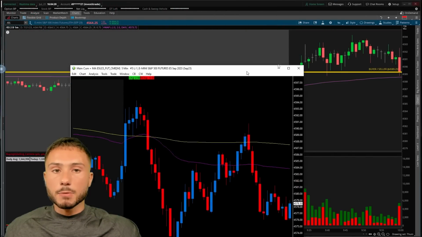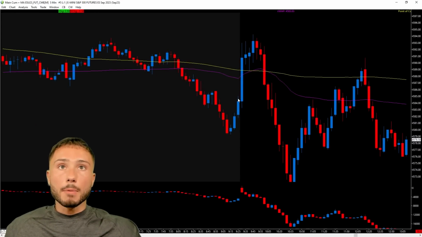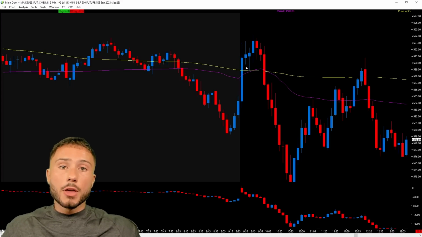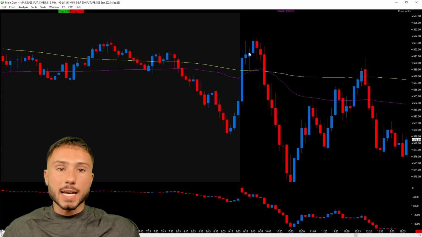To validate this point even further, we're going to pull up this chart, which on the bottom, you're going to see a delta, but cumulatively. So as the market rallied right here on this strong green or blue bar up, the delta was putting in lower lows and lower highs, while the market was putting in higher highs and higher lows. What this tells me is as the market was rallying higher, there was a strong amount of aggressive selling as the market was gravitating higher.